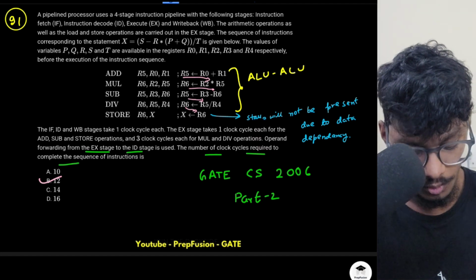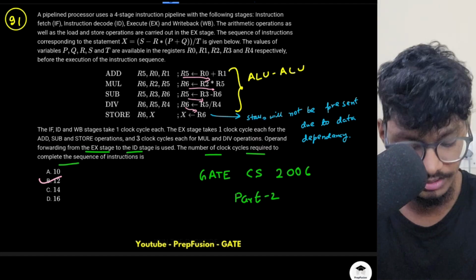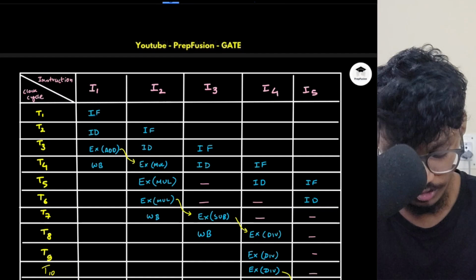So what will be present basically? What will be the fault basically? Why will stalls not be present? I will explain in this table.